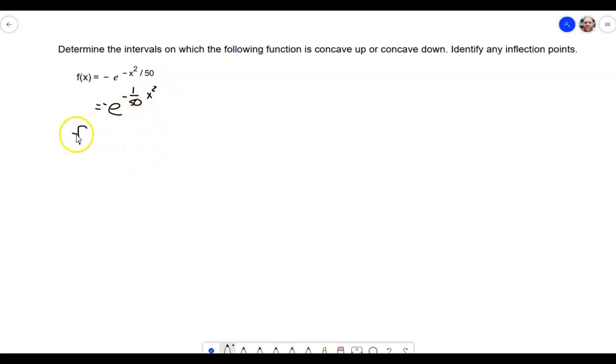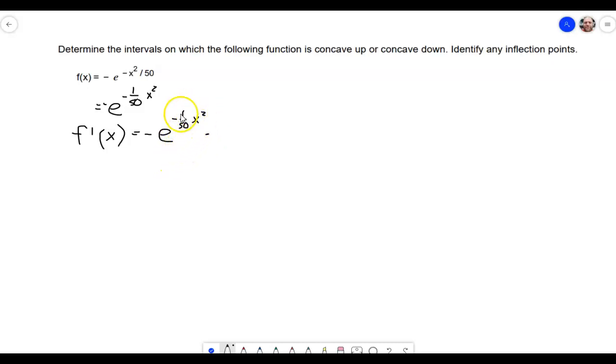So now finding the first derivative, I am going to take the derivative of the outside function. That's just going to be the same here, negative e to the -1 over 50 x squared, times, and then applying the chain rule, I have to take the derivative of this inside function.